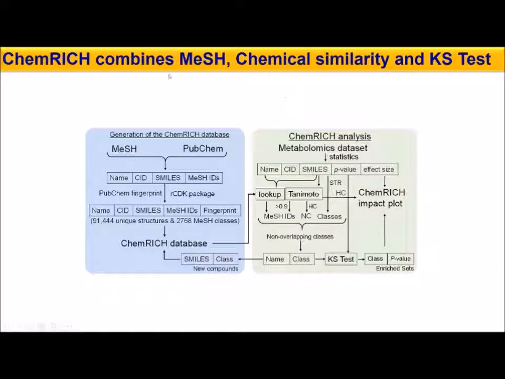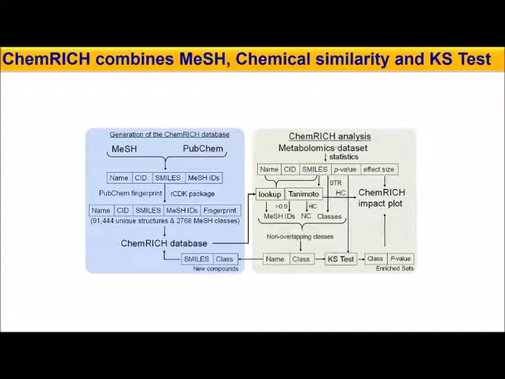ChemRICH has two components, a pre-compiled ChemRICH database that has almost 91,500 unique structures linked with 2,768 MeSH classes. Each compound is associated with a PubChem CID, SMILES code, MeSH ID, and a fingerprint. Fingerprints were calculated using the RCDK package.